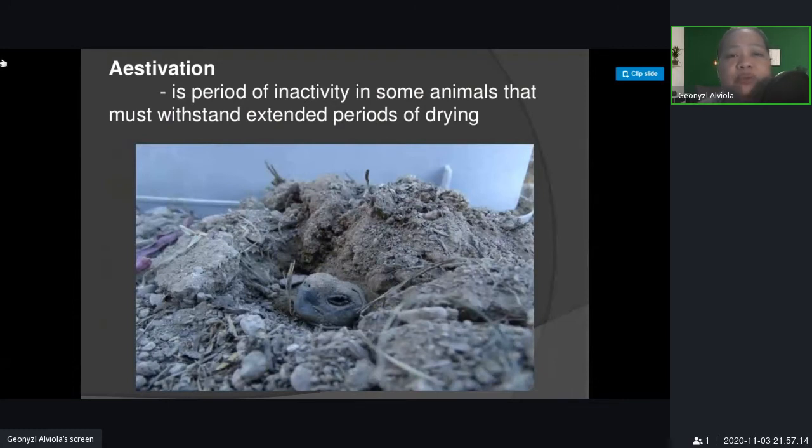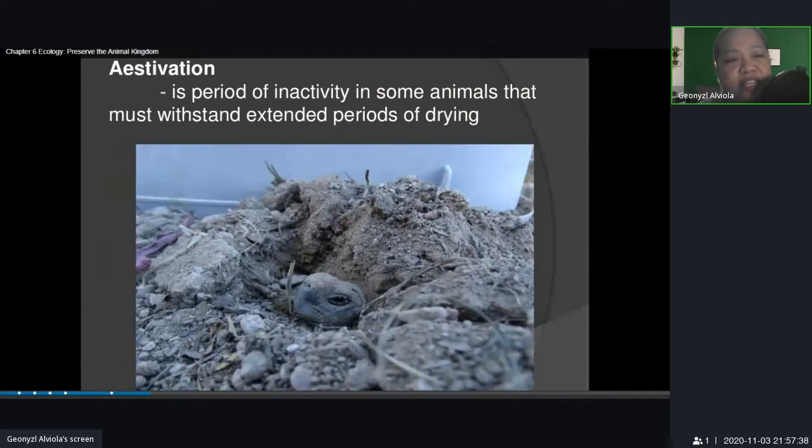Lungfishes will dig into the mud and build a certain casing just to protect themselves from drying. Even though there's no more water, they could survive because they have their gas bladder that serves for respiration. It acts like our lungs. So that is estivation.